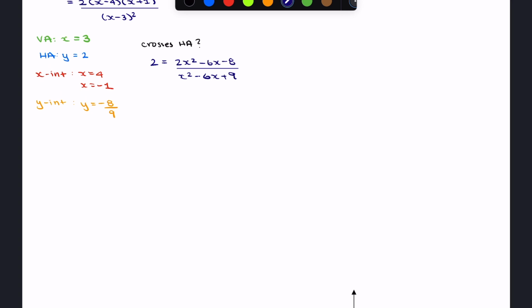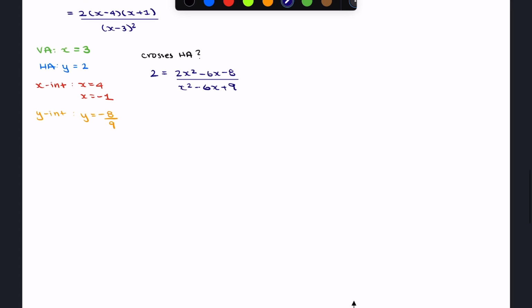Okay, and so let's cross multiply. So multiply the 2 into the x squared minus 6x plus 9: 2x squared minus 12x plus 18 is equal to 2x squared minus 6x minus 8. Here, the 2x squared terms will cancel out.